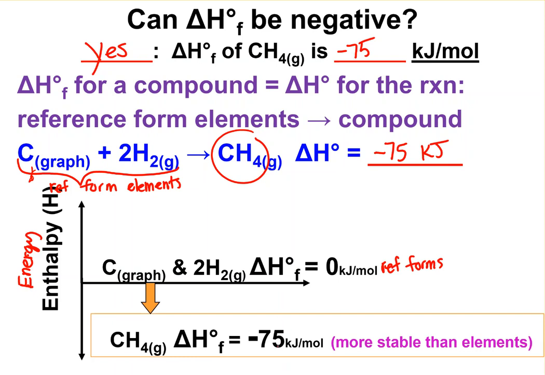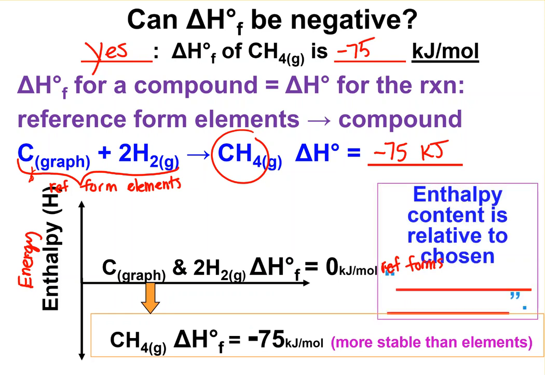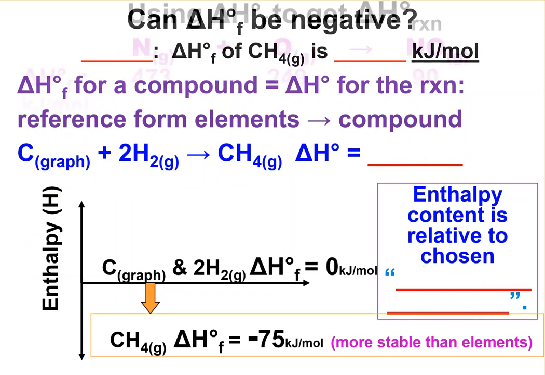It's got a negative number because it's more stable than the elements that made it. Enthalpy content is relative to the chosen reference form. The reference form is defined just so that we have something to compare with.